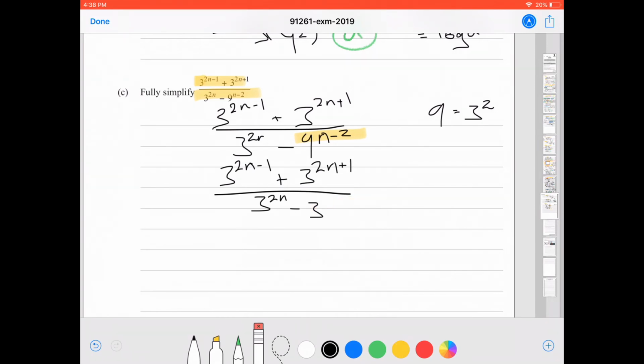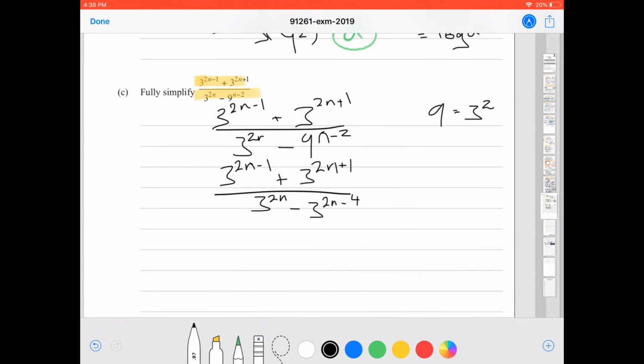Rather, it's going to be n minus 2 times 2. Again, powers on powers, so that is going to equal 2n minus 4. Okay, so let's just tidy this up. 2n minus 4. Okay, we got there in the end.